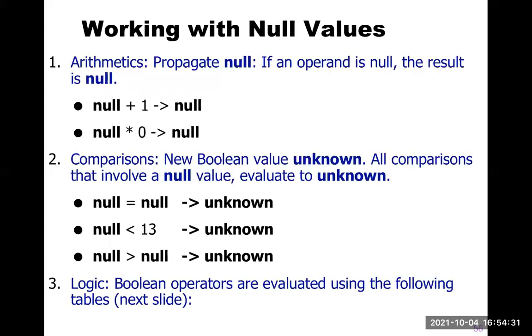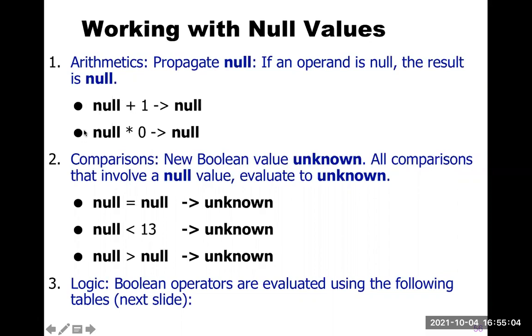How to deal with null values? The rules are almost the same as for nil or null in programming languages. In arithmetics, null is propagated. Arithmetics propagate nulls. If my value is already null, coming from, let's say, a column from a record, I get this value, and let's say I increment it or multiply it by something or do something.